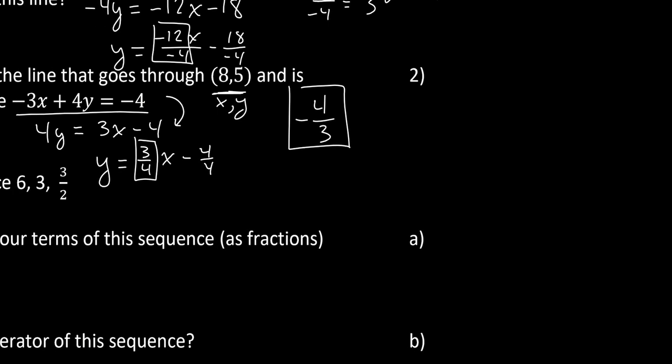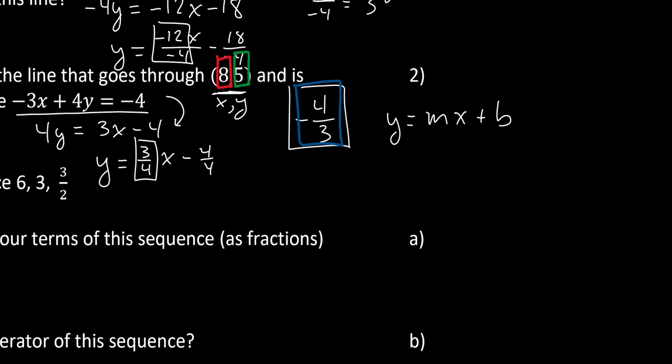And to do that, I'm just going to take y equals m times x plus b, and I'm going to plug in the x value. You can see here x is the number 8, and I'm going to plug in the y value, and y was the number 5. I'm also going to plug into my equation the value of my slope parameter, negative 4/3.